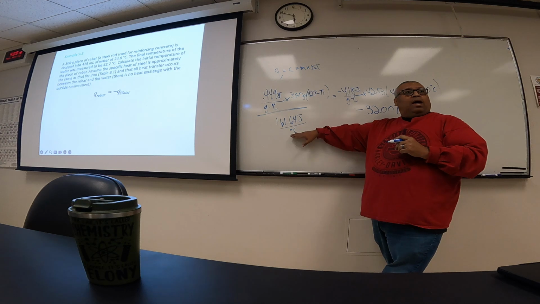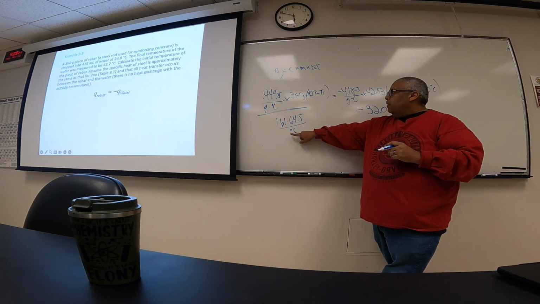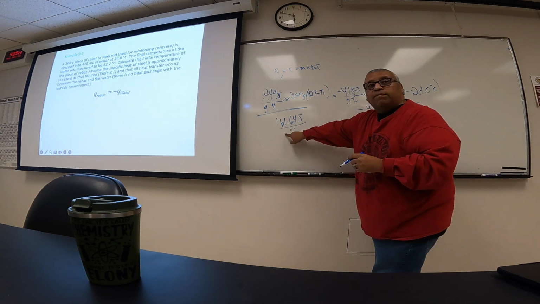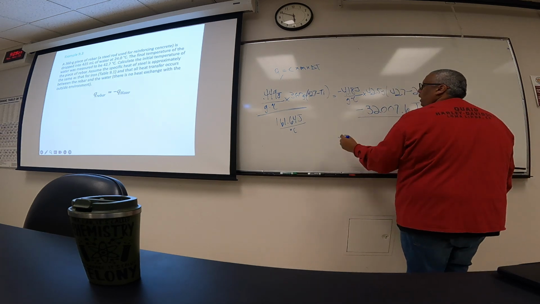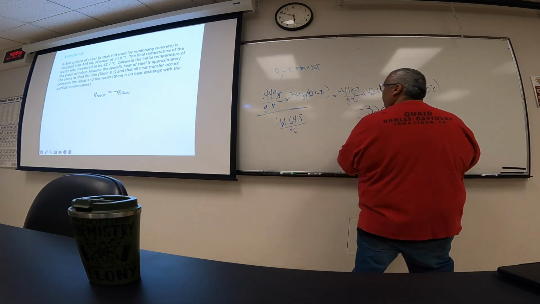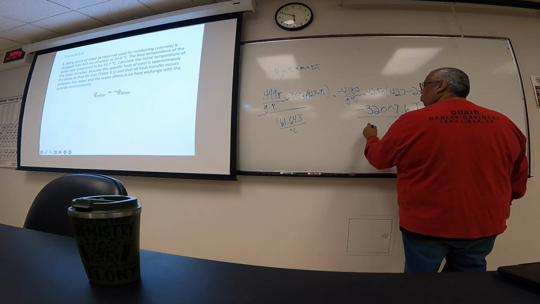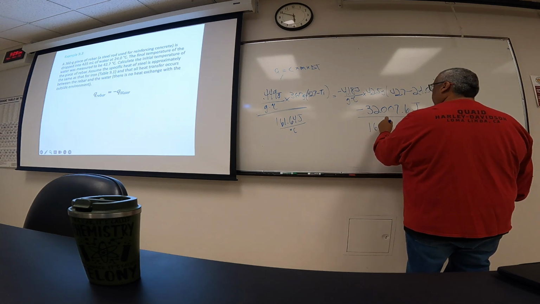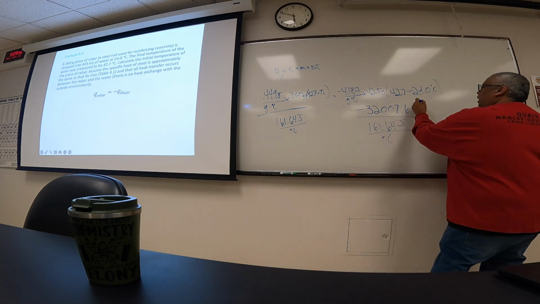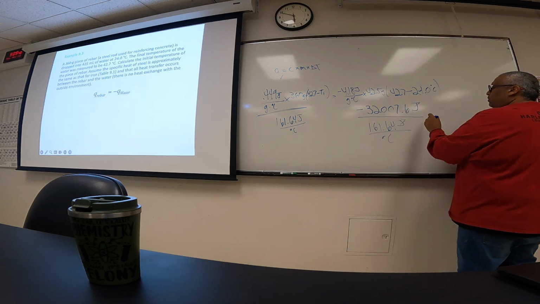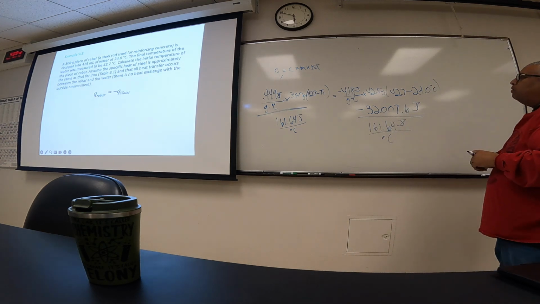All right, so now we could divide the entire side by this. So let's do that. We're going to divide by 161.64 joules per degree Celsius, and those joules will cancel out, so I will have some negative temperature there.